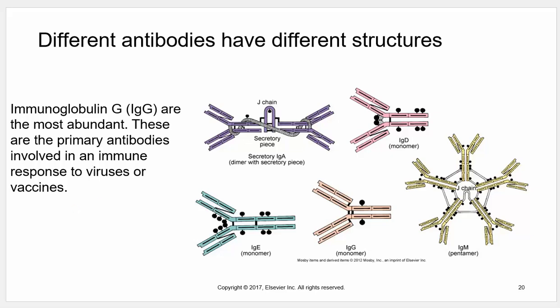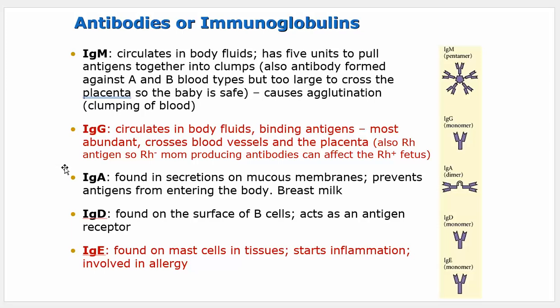Okay. All right. So this is a list talking about what these do. IgM circulates in body fluids. This is what is going to cause a response against different blood types. This is why, if you're type A blood, you can't have type B, or if you're type O, you can't have any of them, because IgM is the antibody that will attack antigens on the surface of blood.